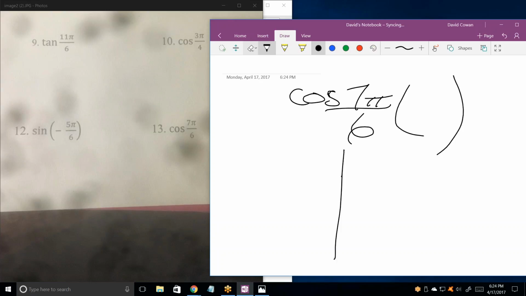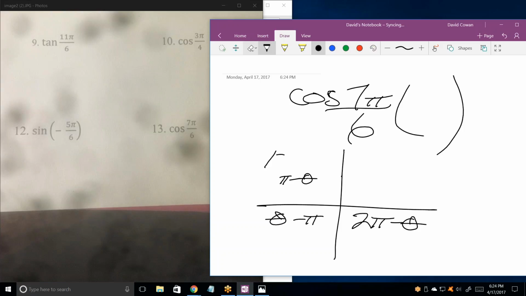That's what you want to do. In other words, this is actually pi minus theta, theta minus pi, 2 pi minus theta. In other words, that's the same as 180 minus theta, theta minus 180, or 360 minus theta.